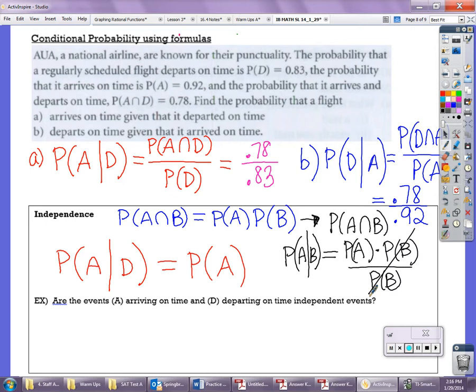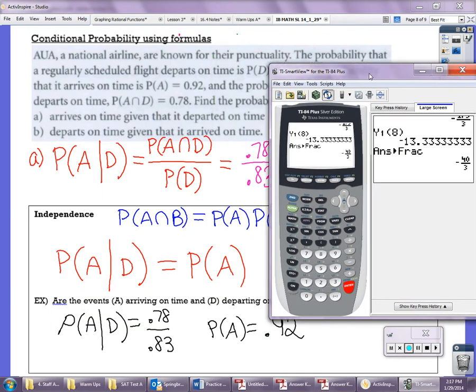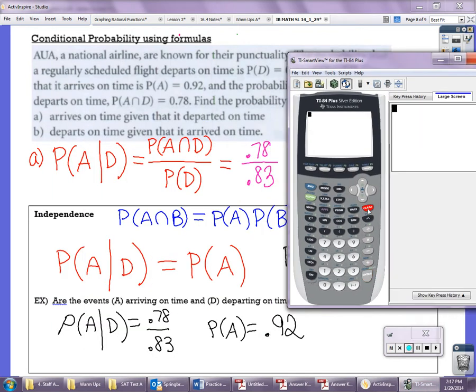So are the events arriving on time and departing on time independent events? All you have to check is one or the other. The probability of A, given that D occurred, was 0.78 divided by 0.83, and the probability of A is equal to 0.92. So that is definitely not the same, but I will show it to you just in case you don't believe me.